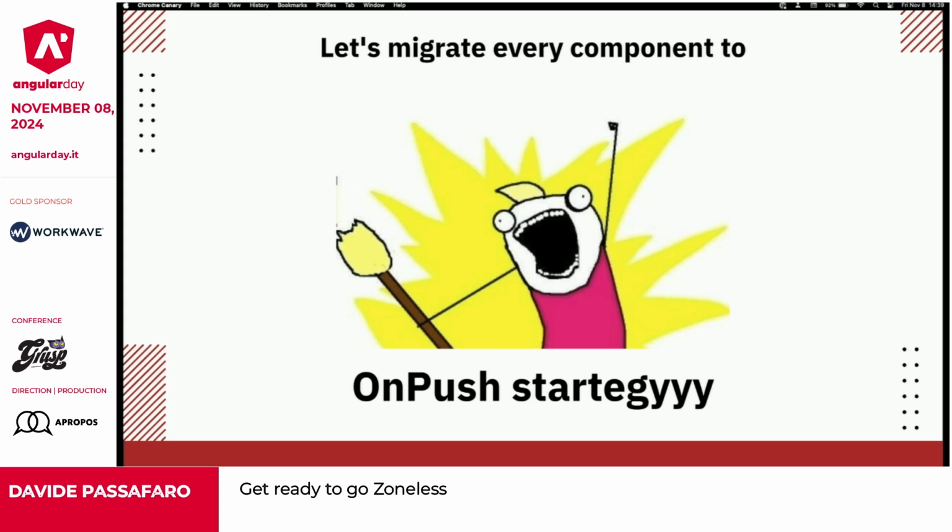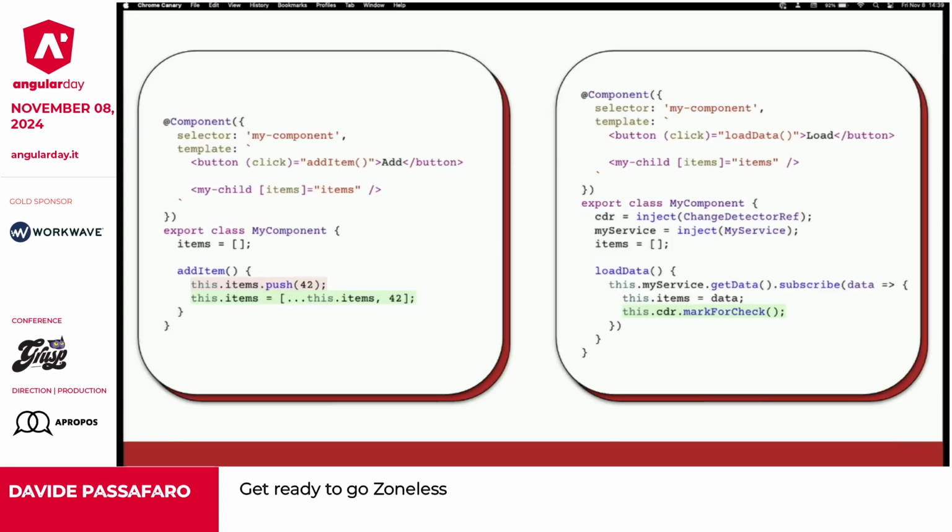Sorry for the English. This is a good strategy, but it actually comes at a cost, because you will need to think about immutability during development. So you will think a lot about what you are doing. You will find yourself fixing a lot of bugs of a stale view, which is not updated.